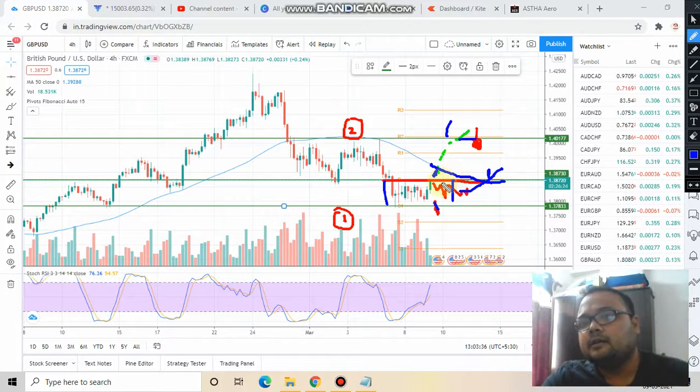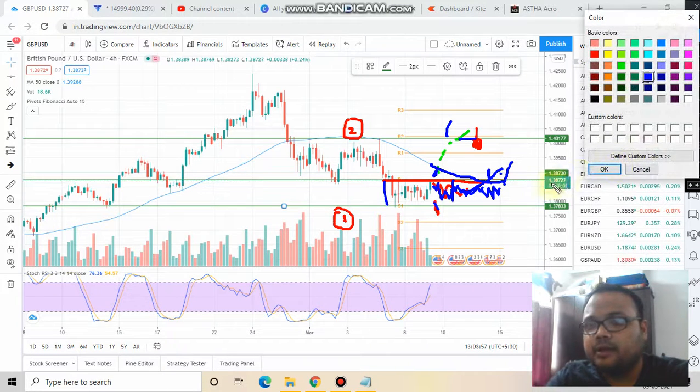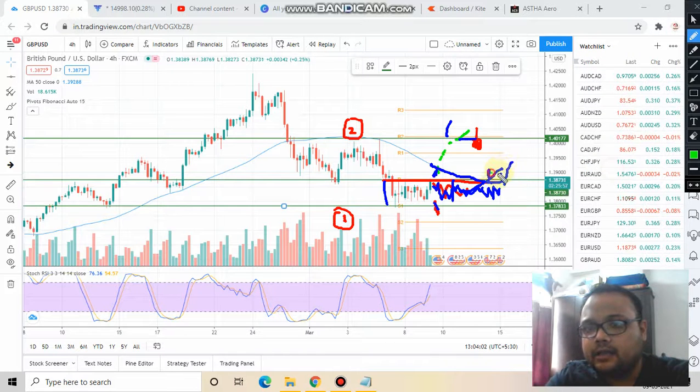And the next and the last thing that you can do is wait for the market. If market trades for long hours in this range, just wait, and when it moves above the 50 moving average, then you can go for a buy order somewhere around here, 1.3873, around this level.